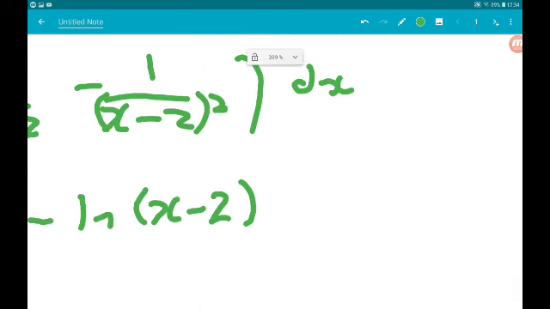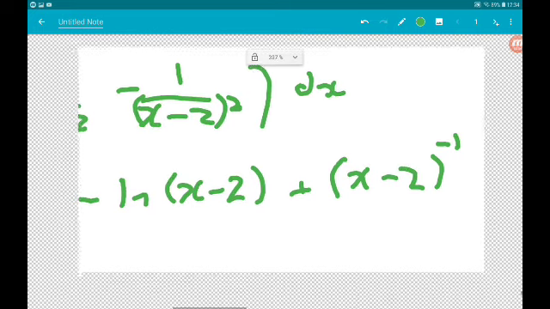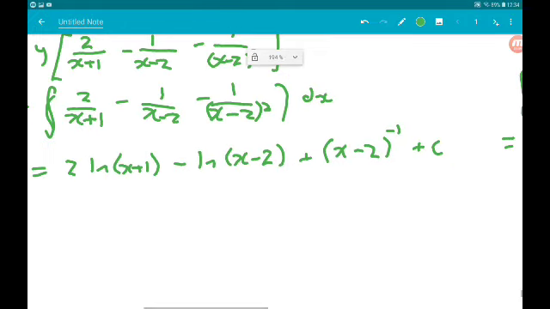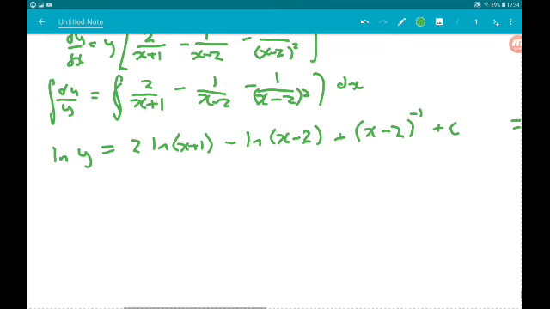So we get add (x minus 2) to the minus 1 and then add c. Don't forget the plus c. So that is how things stand at the moment.